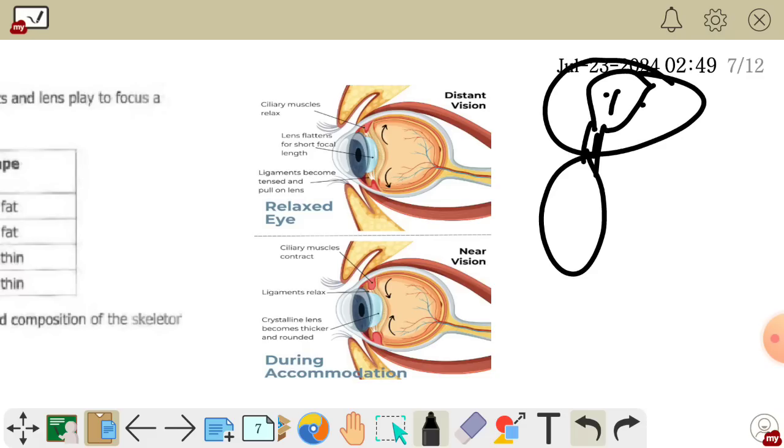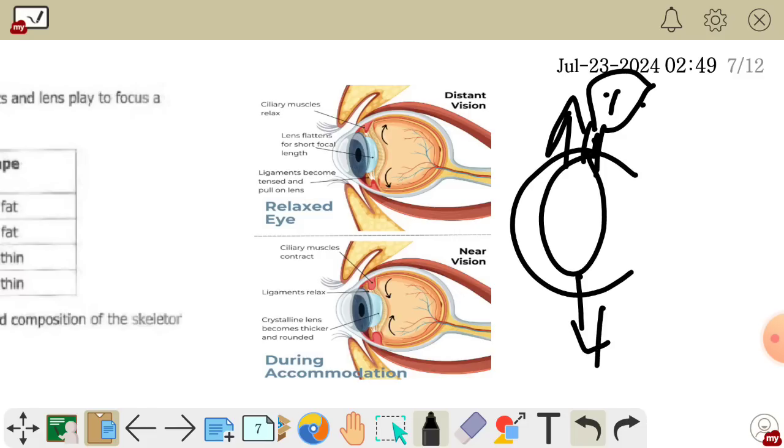So the ciliary muscle relaxes when you are seeing a distant object. Then the suspensory ligaments are going to shorten and pull the lens this side and that side. Then this lens will become flattened. That is when you are seeing the distant object.